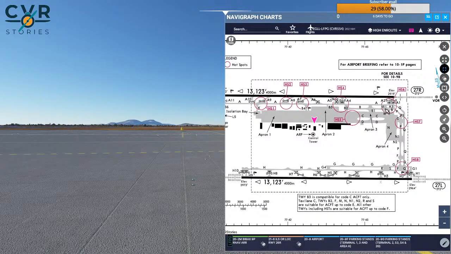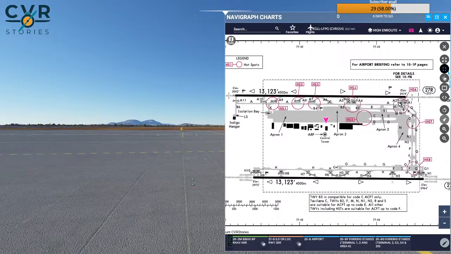If you look at the other side, the elevation for this runway, 27 right, is not the same. In fact, it is 83 feet different. 2919 is 83 feet lower than 3002 feet.